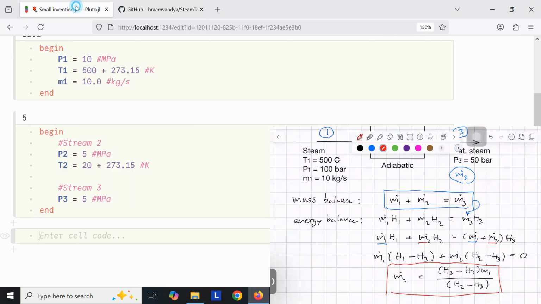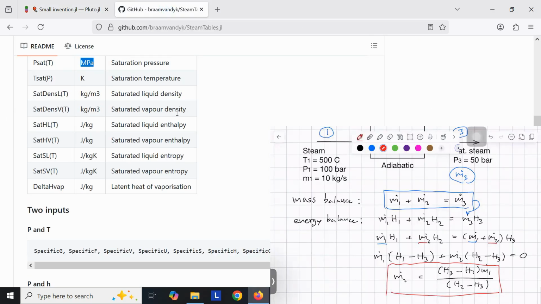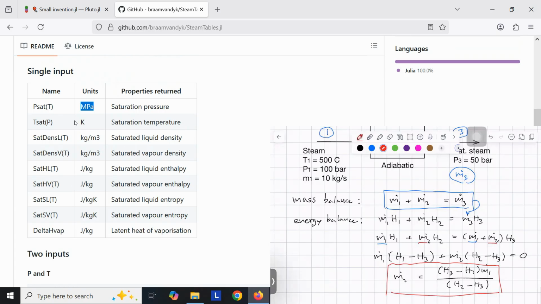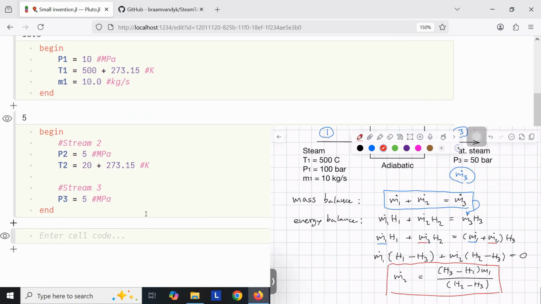How do I know that it is superheated steam? I can check. If you go back here, I can get saturated temperature right here. If I provide pressure, let's say if I put pressure P1 using this command tsat, the computer would give me the saturated temperature back. So let's try that first.